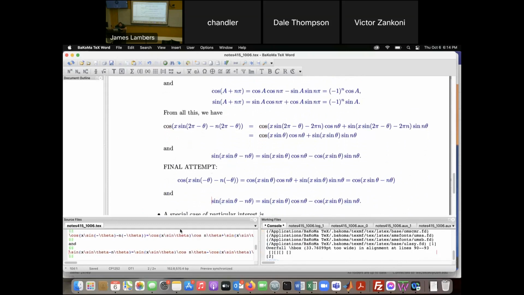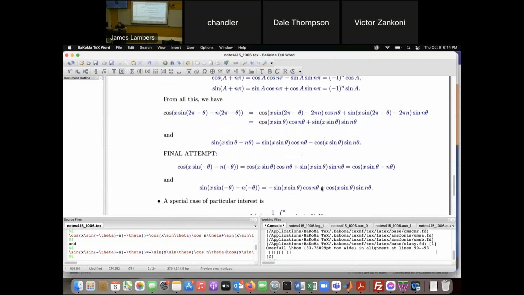Whereas if I do the same thing down here, and I replace theta by minus theta throughout again. Then I have sine of minus x sine theta, and this minus is going to pass out through here. Now, because I have x sine minus theta plus n theta, that becomes a plus. And then I have cosine of minus x sine theta, but cosine is an even function. So that's going to go away.